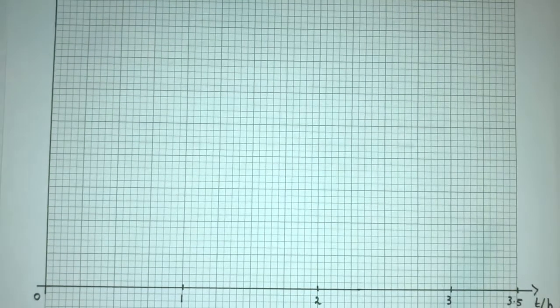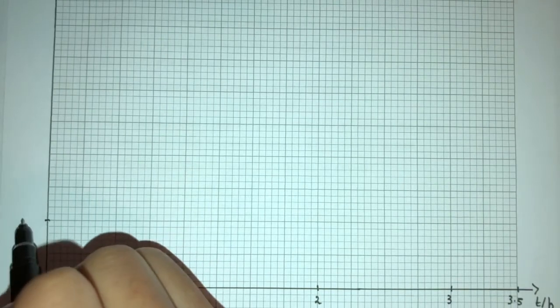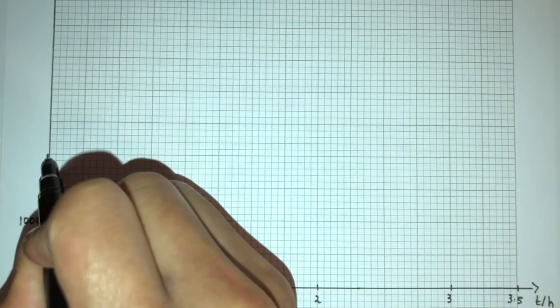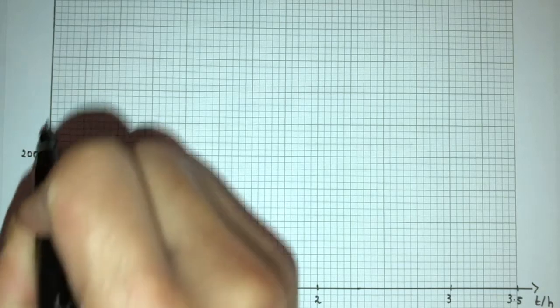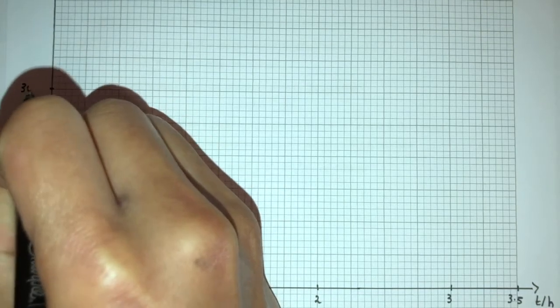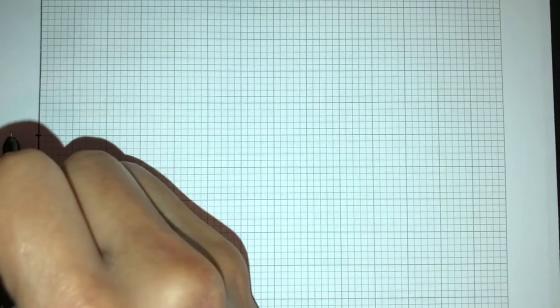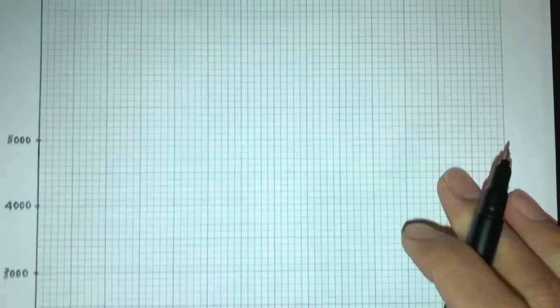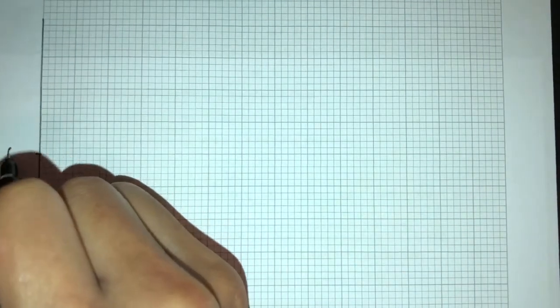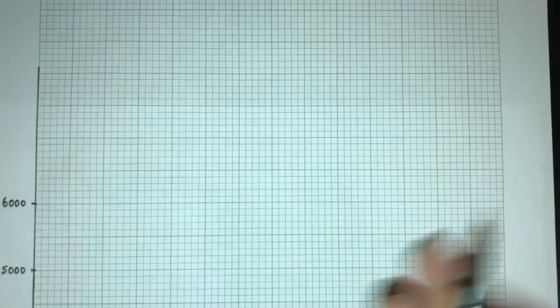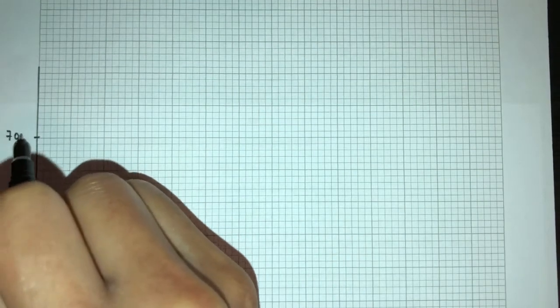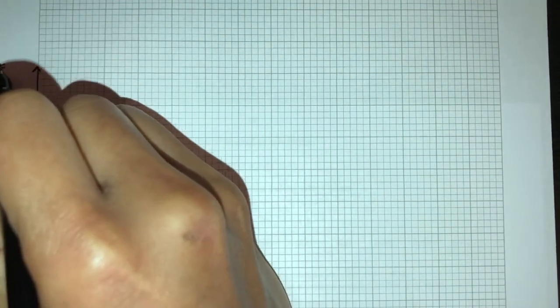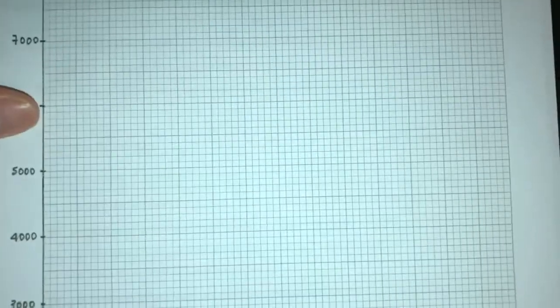Basically 1, 2, that'll be 1000, that will be 2000, 3000, 4000, 5000, that will be 6000, and finally that will be 7000. And of course you have to label your axis. This is your number of bacteria. Okay, that will be your axis.